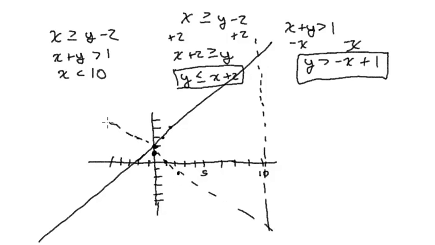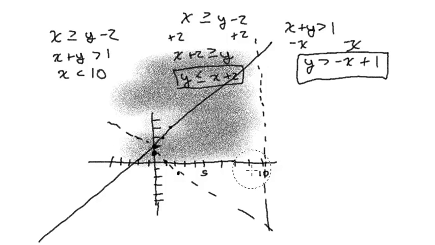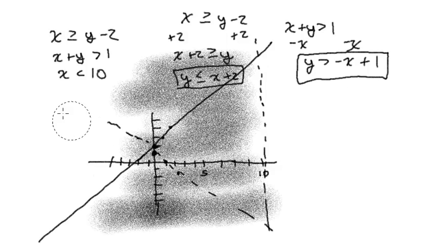Okay, and now let's look and see where we're going to shade it. Okay, it says x less than 10. So for x less than 10, here's x equals 10, x less than 10 will be on this side. Okay, now we have y less than or equal to x plus 2, that was our solid line.